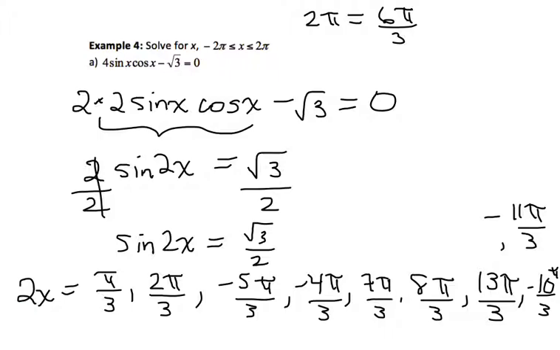So we're going to divide everything by 2. That changes all of these denominators to 6. And like we said, this one is now out of our domain, but all of the rest are in, and I have 8 answers like I thought that I would. So x can take any of those 8 angle values.